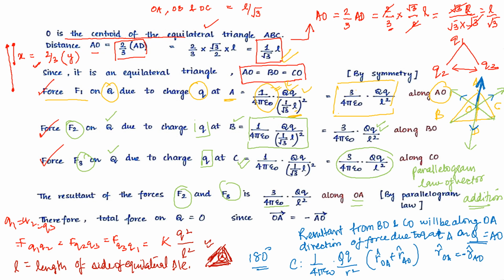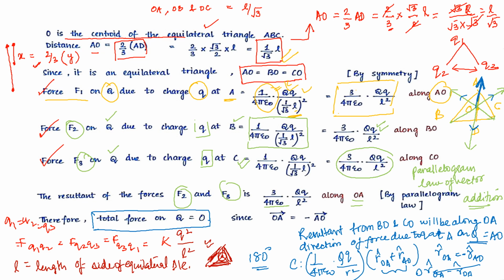So we will substitute this value over here, and this will change to cap OA minus cap OA. So what is it? It's 0. The direction comes to be 0, the unit vector turned into 0, and hence the total force on capital Q turns out to be 0. Something multiplied with 0 is 0. So the whole expression 1 by 4 pi epsilon naught into capital Q small q divided by L square into 0 will turn into 0.